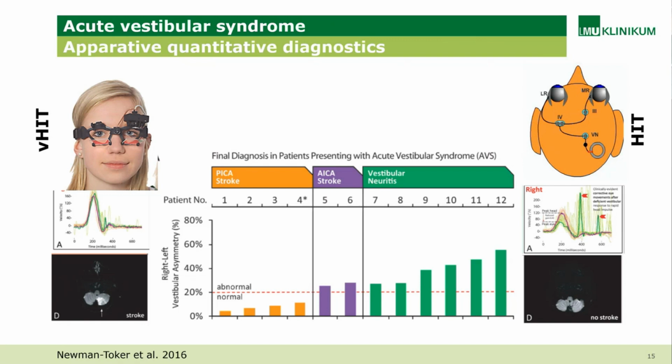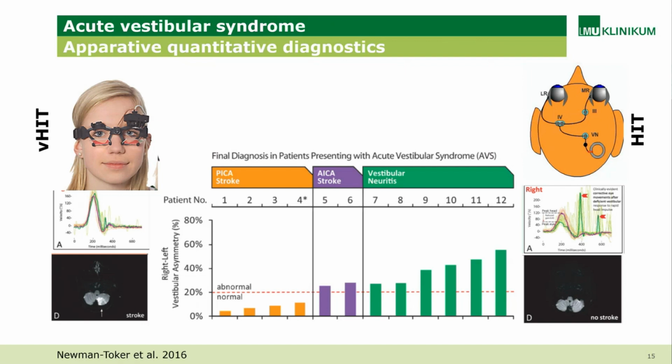You can do that also with objective quantification. This is a videooculography system. Essentially, it has a sensor which traces head acceleration, and indirectly, via these infrared sensors, also a trace which captures eye movements. And what you do clinically, you can record here.